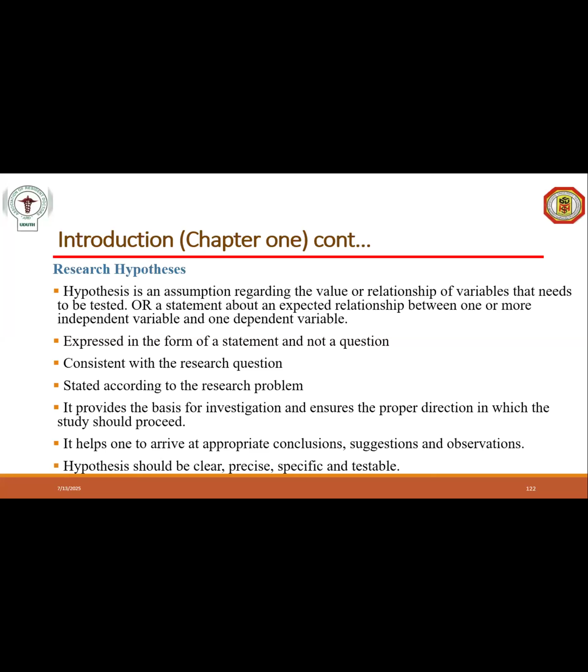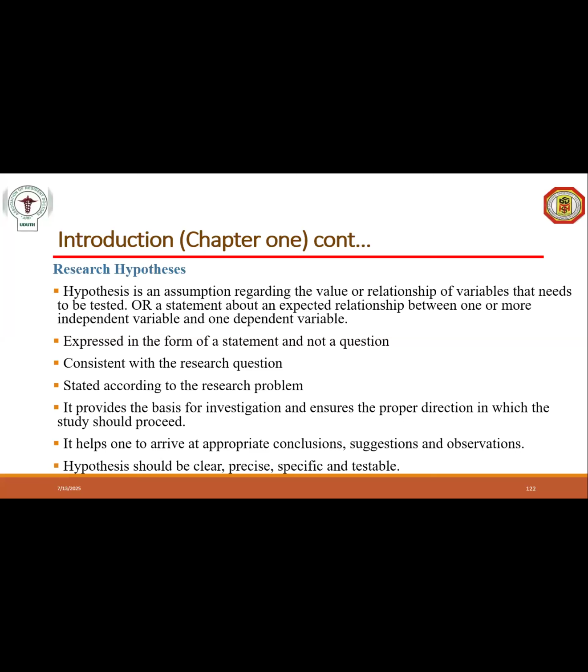For example, if your objective is just a description, you just describe, you find out and present it in either percentage or frequency, that one doesn't require any hypothesis. Because hypotheses are assertions. They are assertions that you think something is the cause of something. So you want to make an assertion that this is the cause of this. So you now use a statistical test to test that hypothesis.